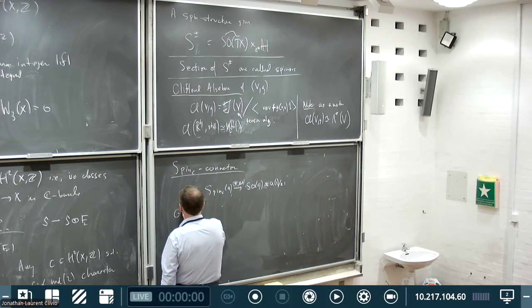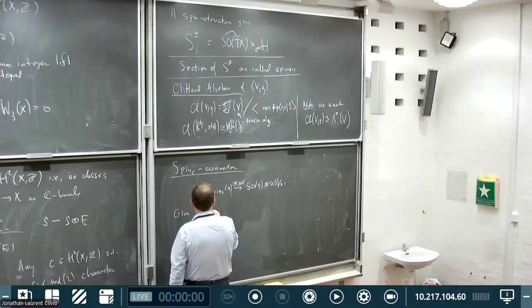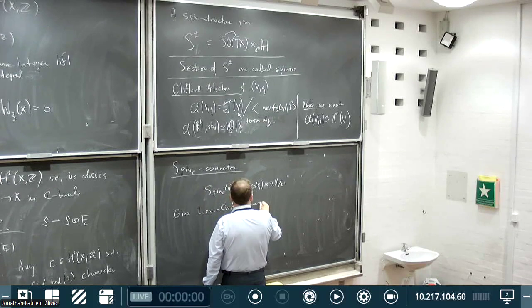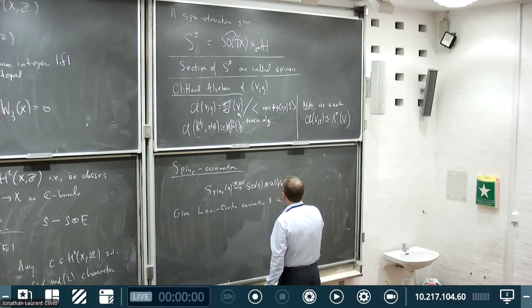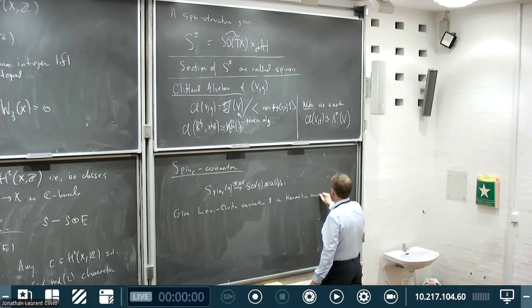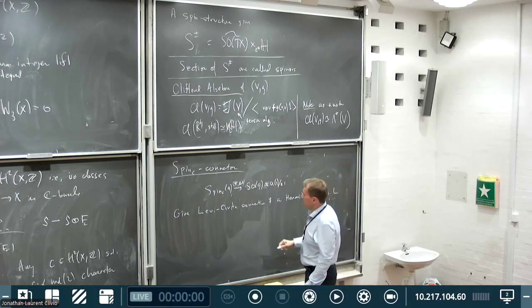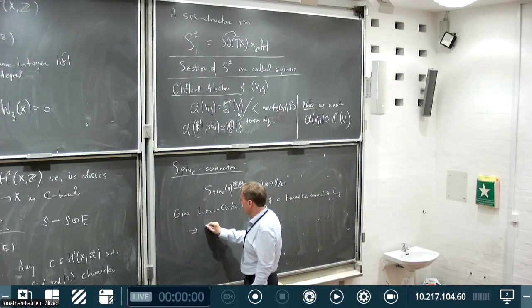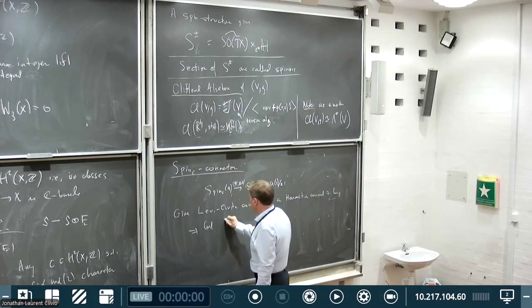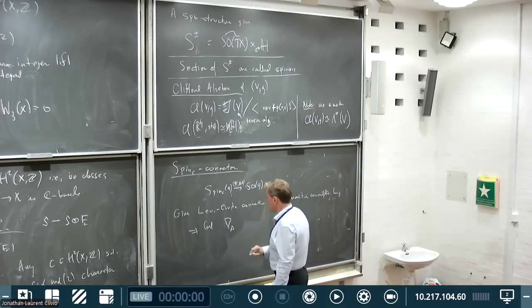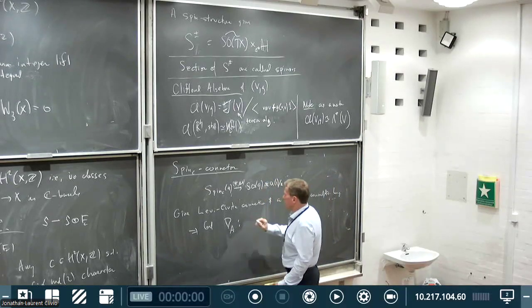So given the Levi-Civita connection and a connection, let's call it A, in L, we get a connection on S. Now with A, what does the connection do?